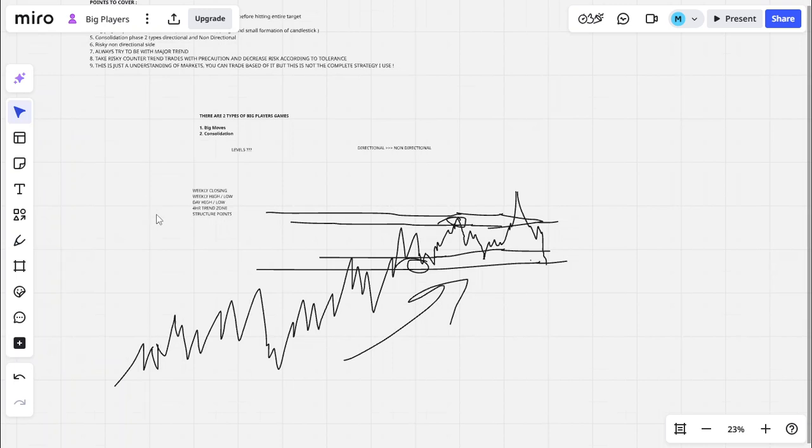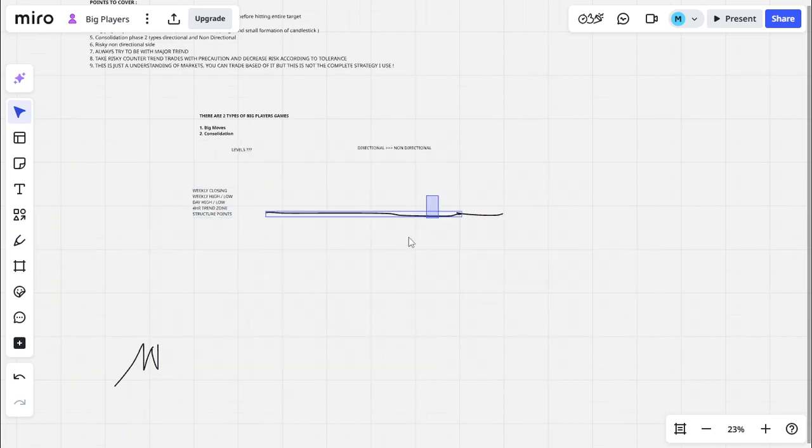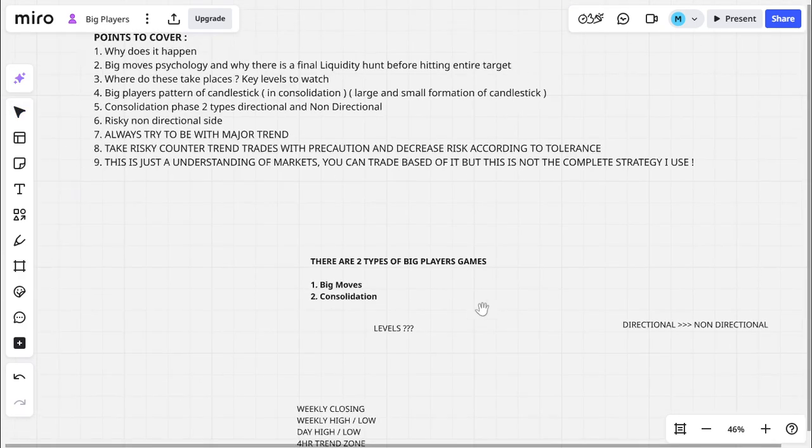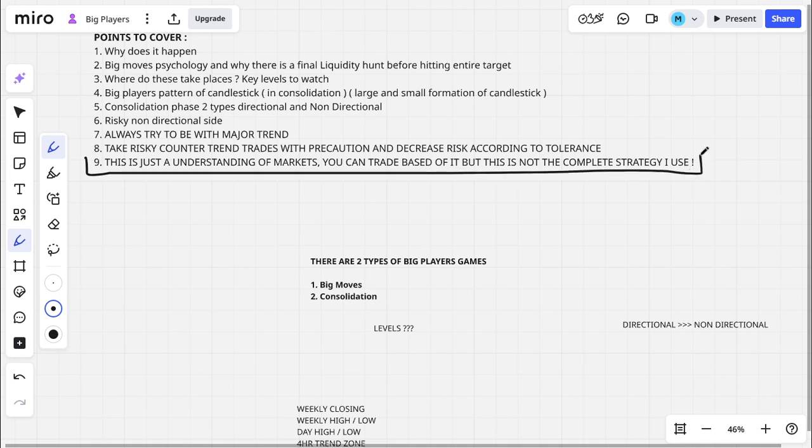So basically, coming to the most important conclusion of all this, it was my mistake that I told you this. Just don't take it that seriously. The main point is this: what I told you, that how you are going to trade, that's not valid. This is just an understanding of the markets.